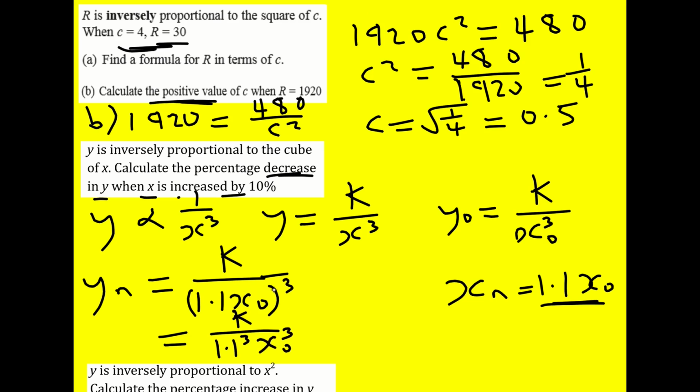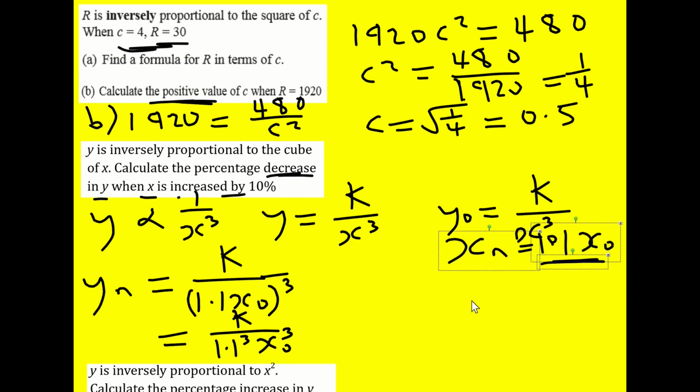So I've expanded the bracket with powers. What do I do now to get the percentage decrease? A little trick: I'm going to write it as 1 over 1.1 cubed times k over x naught cubed.